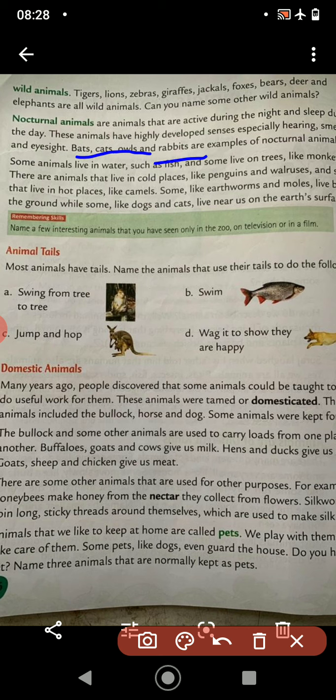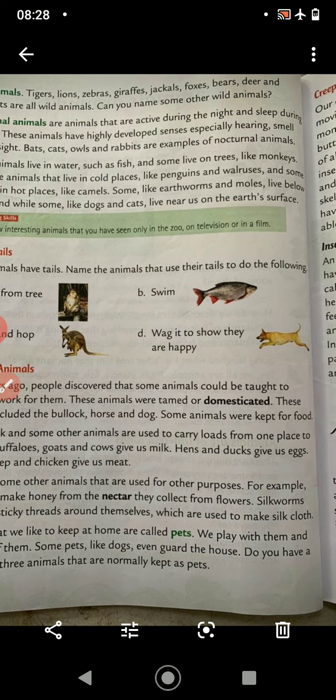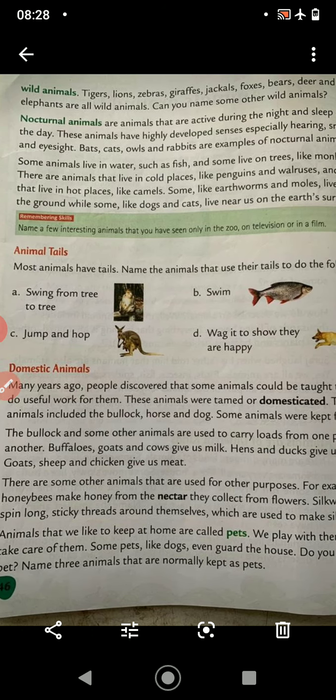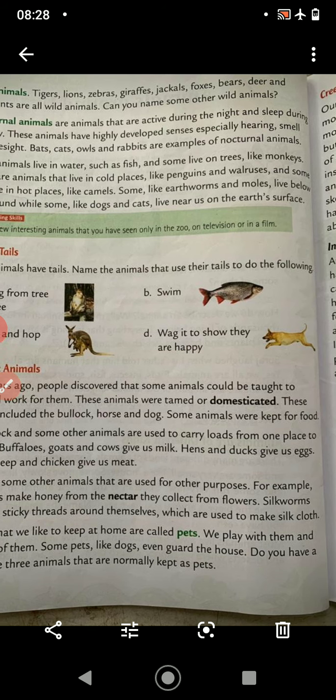Some animals live in water, such as fish, and some live on trees like monkeys. There are animals that live in cold places like penguins and walrus. Children, everything is very important. You have to underline everything. These questions always come.